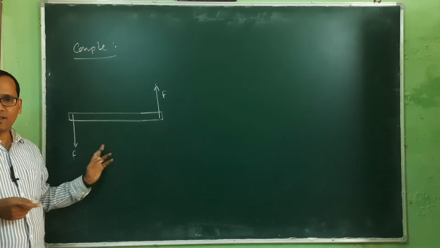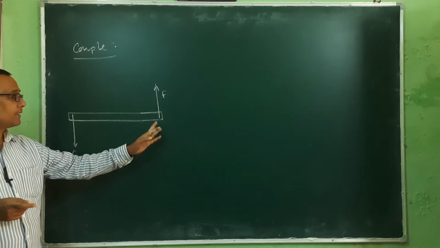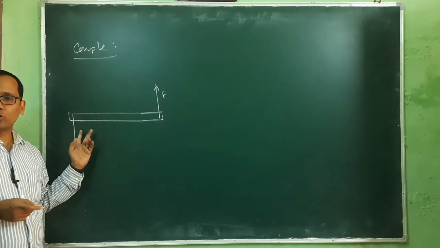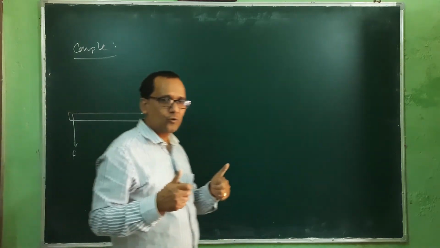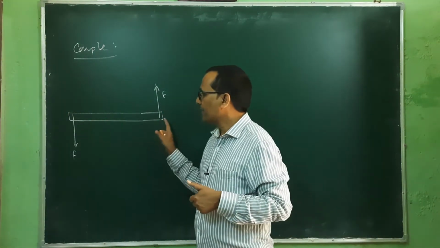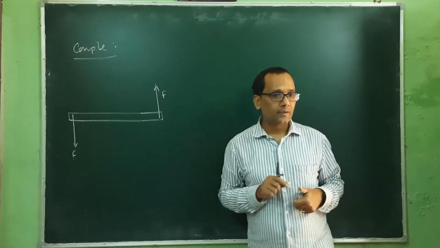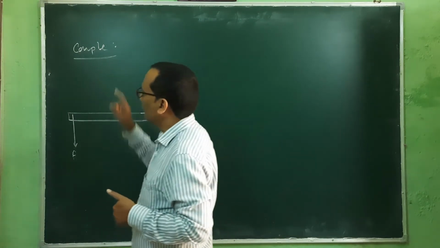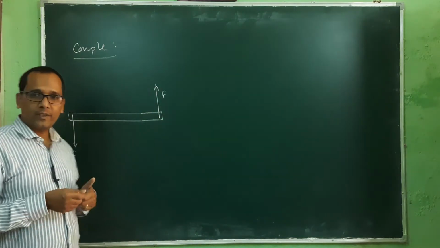The action of the forces is at different points, but the forces are identical. So when two identical forces are applied on any body at two different points, these forces are known as a couple, and this will rotate.